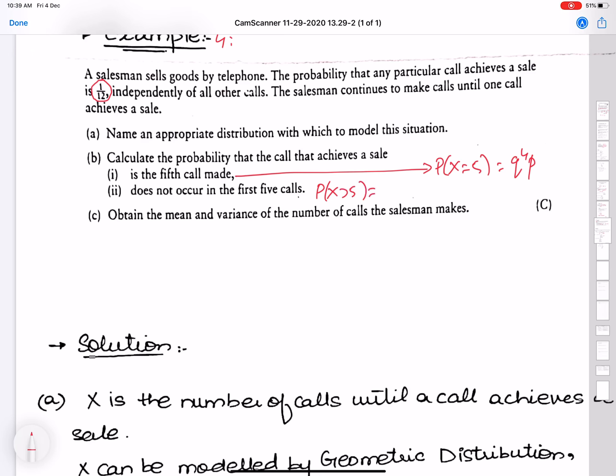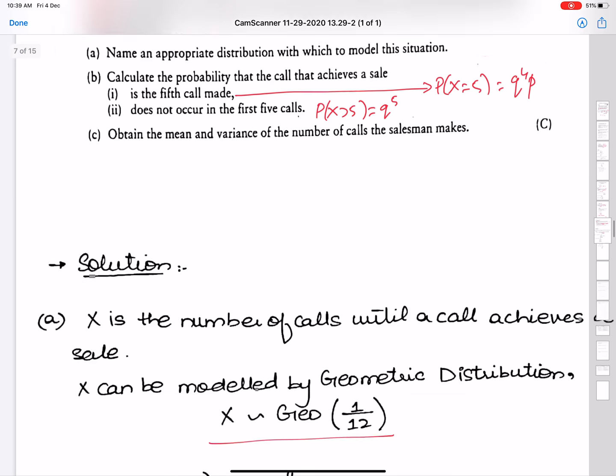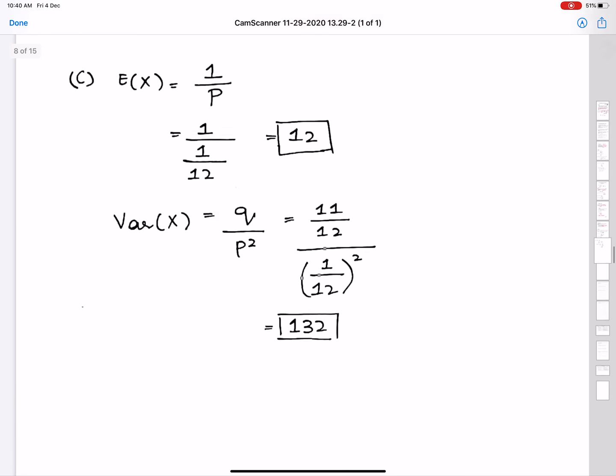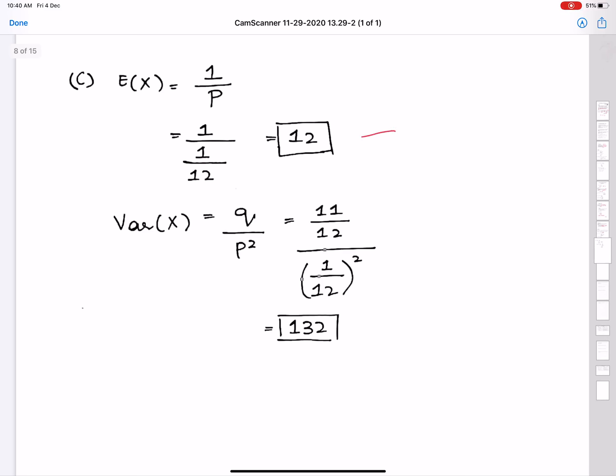So according to properties, this must be q to the power 5. And you know how to find mean and variance. So this is the answer of part 1. And this is the answer of part 2. And this is mean. And here is the variance.